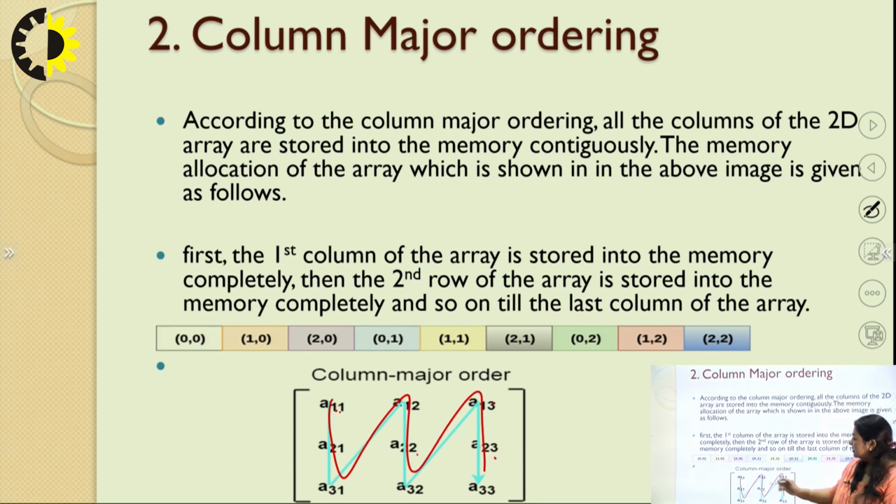That means 0 0, 1 0 and 2 0. That means the first column is to be completed, and then 0 1, 1 1 and 2 1, that means the second column is to be completed. The third is 0 2, 1 2 and 2 2. That means the third column is to be completed.